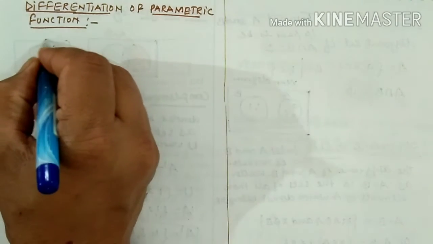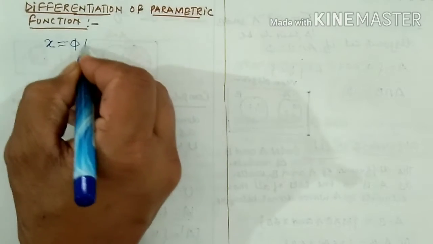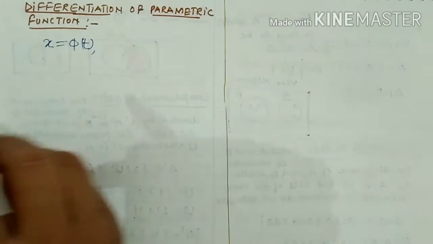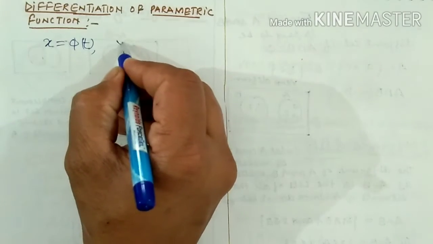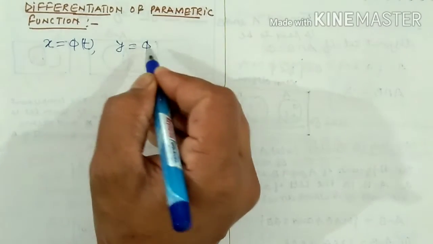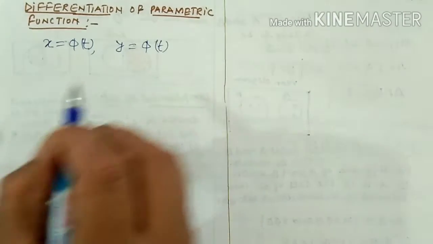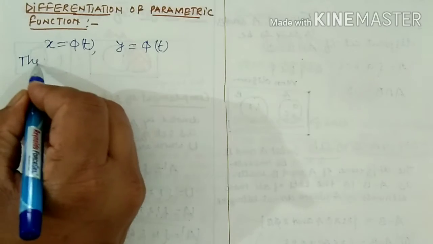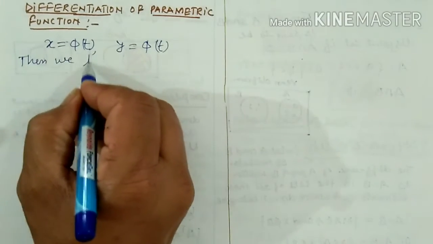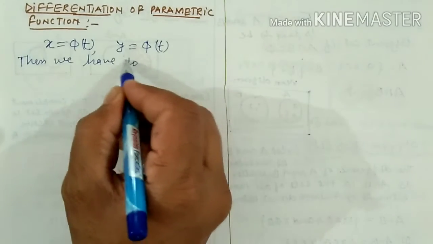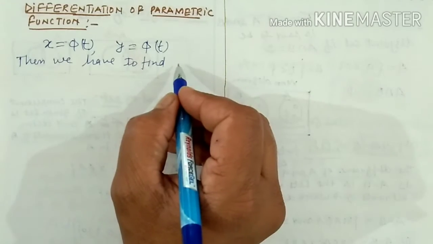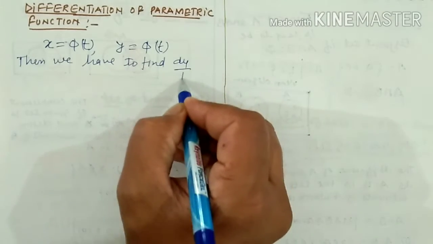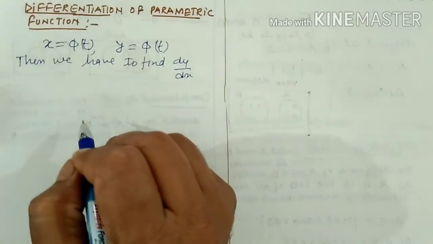Suppose that we are given two functions, x is equal to phi of t, a function in terms of t, and y is also a function in terms of t. Then we have to find dy upon dx. Clear?